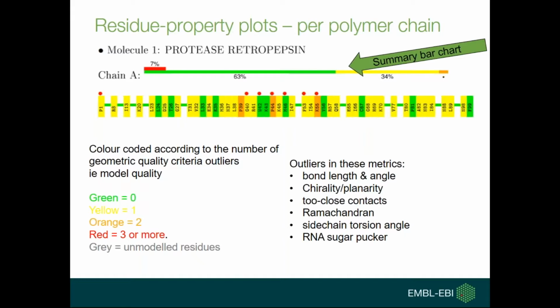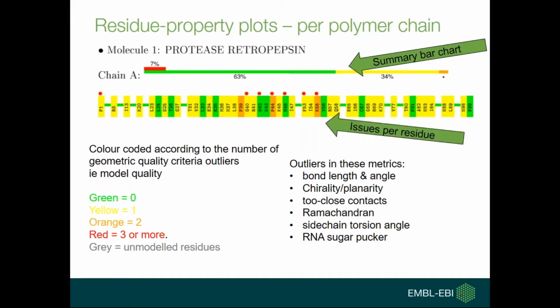At the top is a summary bar chart. So there we see that 63% of the residues are green, so they have no outliers. 34% have just the 1. And then there's a small percentage, which isn't listed there, that only have 2 outliers, and none have 3 or more.